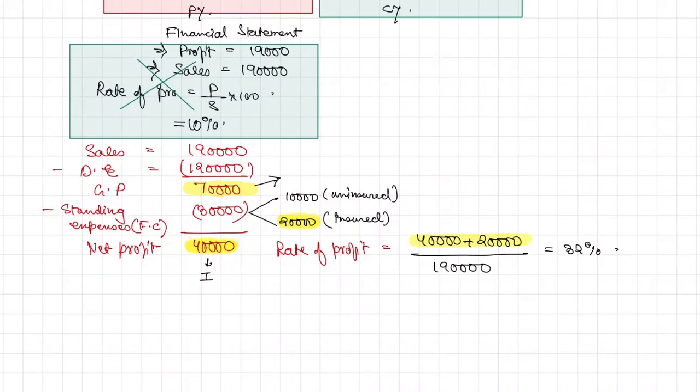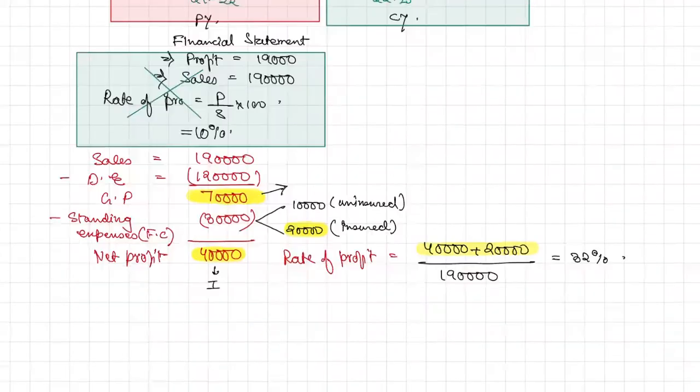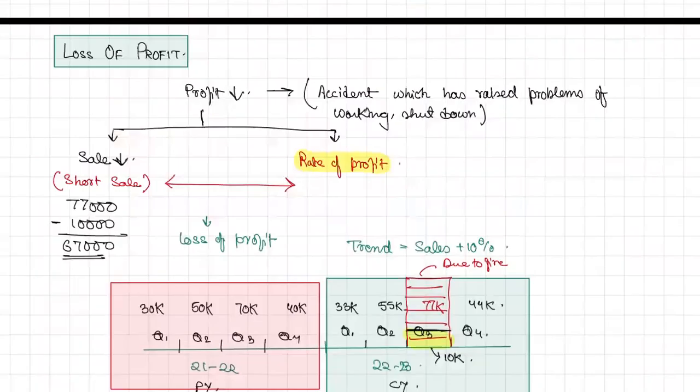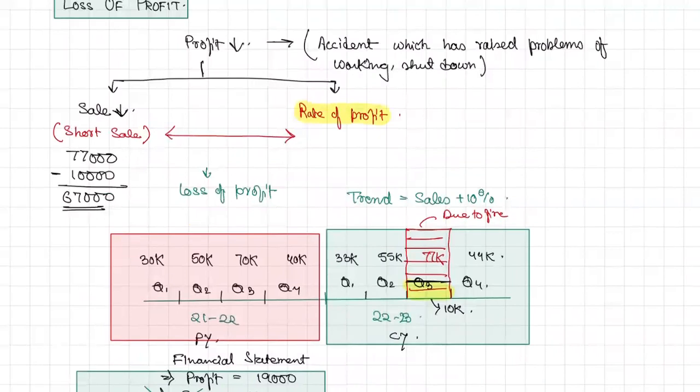Better क्या होता, what would have been the best if we would have insured this whole 70,000, तब नीचे तक जाना ही नहीं पड़ता, तो हम ग्रॉस प्रॉफिट रेट से ही काम चला देते हैं। We could have done our work with gross profit rate only, but the problem is that wherever standing charges are there and there are some insured and some uninsured, then this is what the insurance company will say: you haven't insured the full expenses, correct, so you have to bear something, so according to that we'll calculate the rate of profit and the loss of profit. So what rate it came to: 32%.